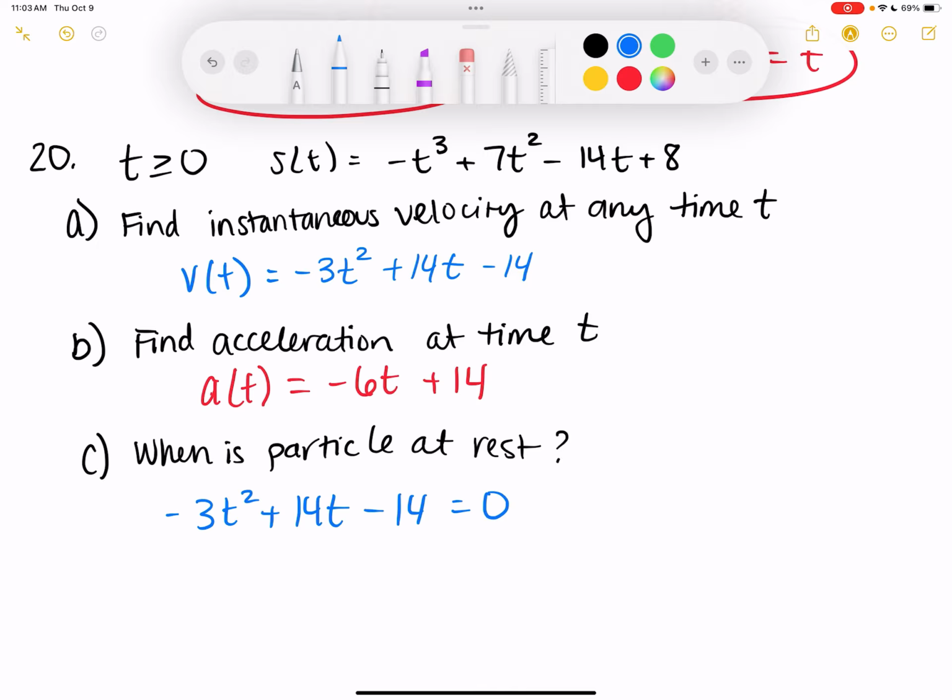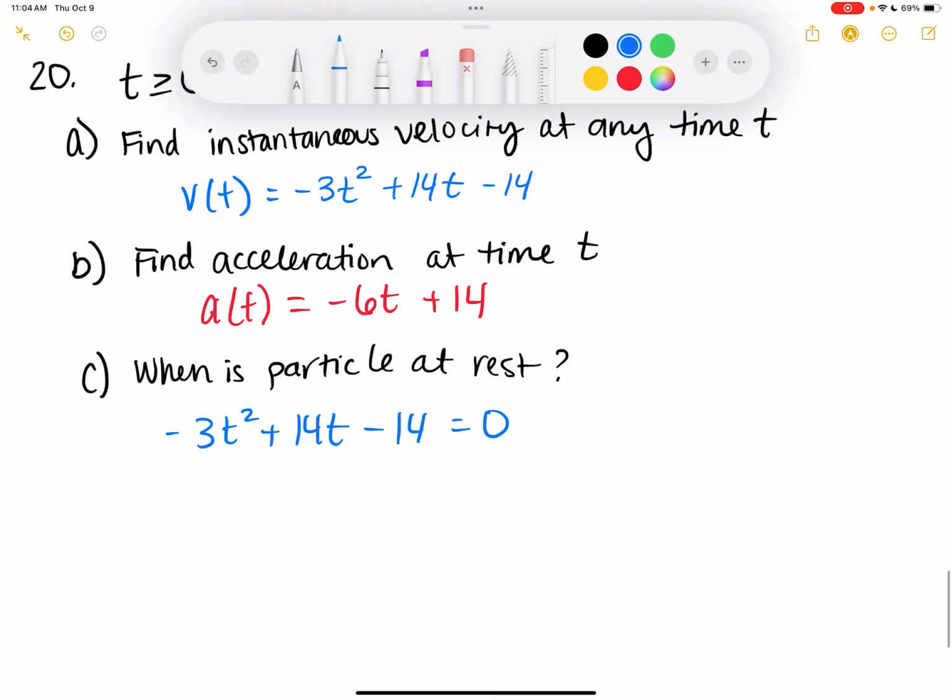You hope and pray that this factors, and if it doesn't, then you get to use the quadratic formula, which I will tell you most of the time you're going to be stuck using because unfortunately the numbers aren't typically very nice. This one does not factor, so we're going to have to use the quadratic formula.